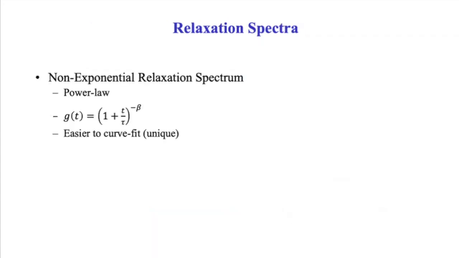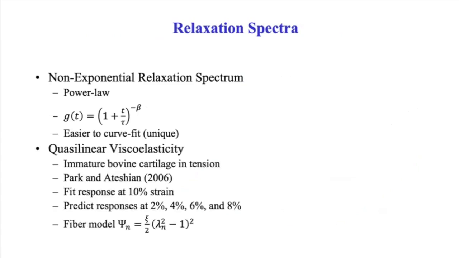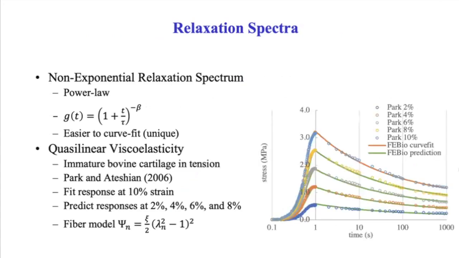And like I said, one of the advantages of using the reactive viscoelasticity framework is that you can actually have non-exponential relaxation spectra, continuous spectra, for example, a power law, which is much more commonly in agreement with experimental data for tissue biomechanics than an exponential law. So in this particular case, we actually use this power law for cartilage subjected to tension.